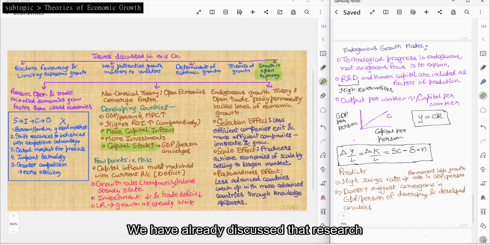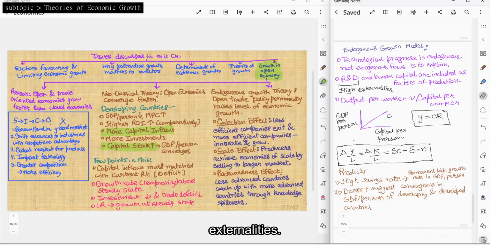We have already discussed that research and development have high positive externalities. If an entity engages in research and development, then it is not only going to help that particular entity, but it is going to help other entities as well.